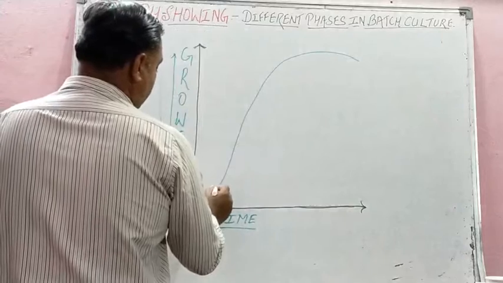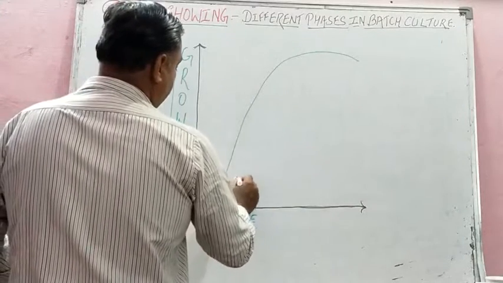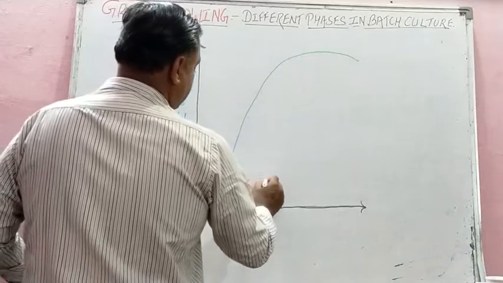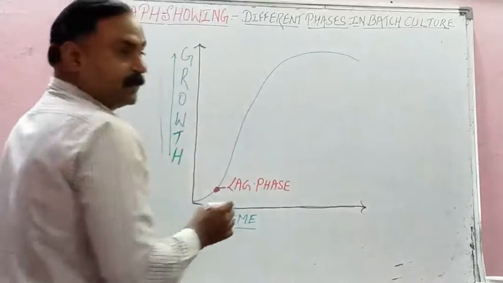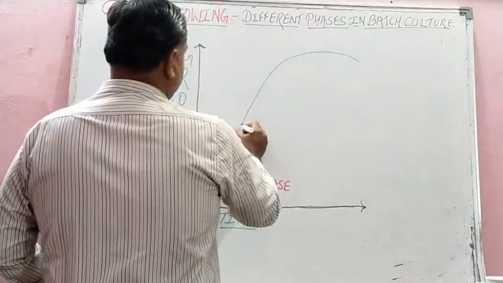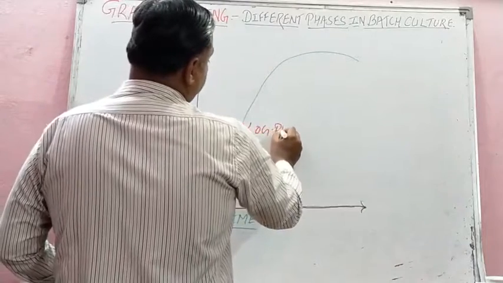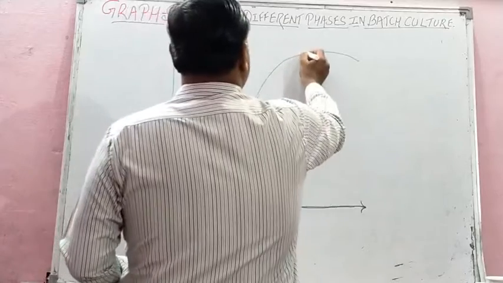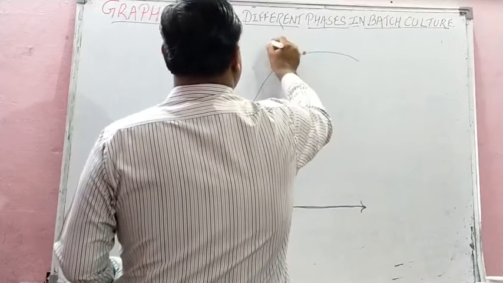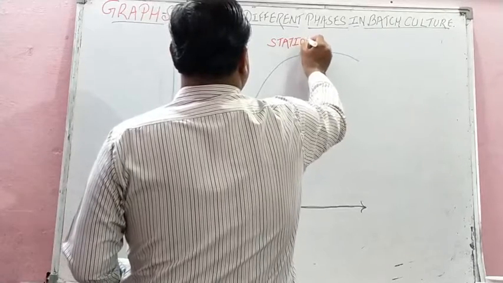The first one is here, lag phase, children. Lag phase, isn't it? Then this is log phase. Then this is stationary phase.